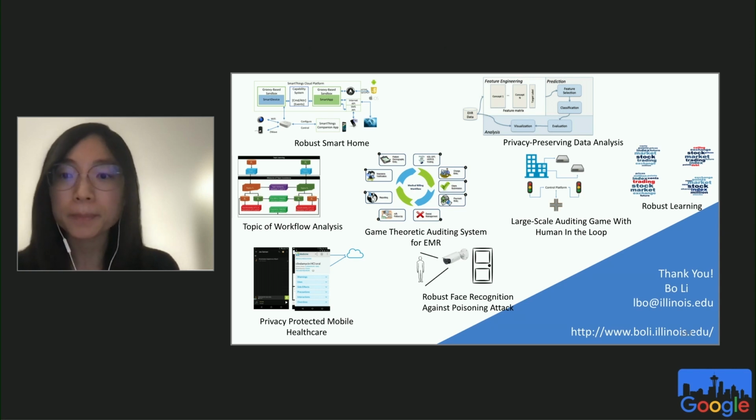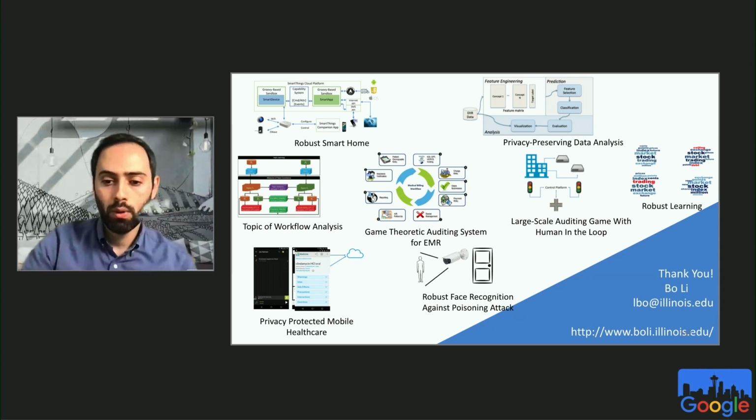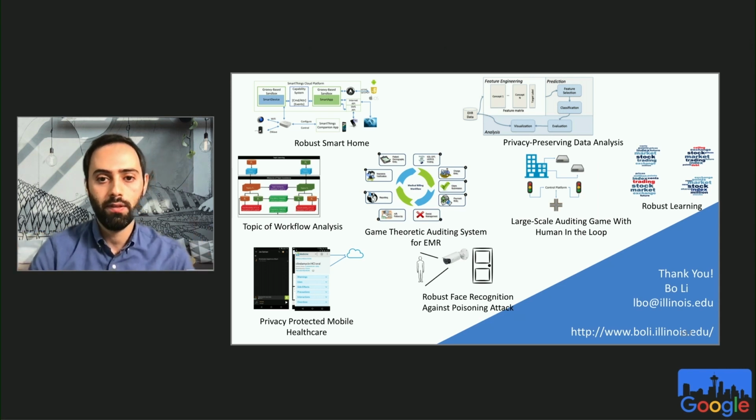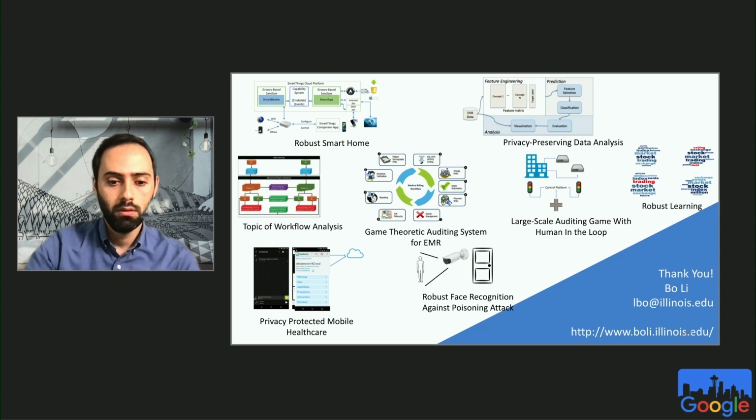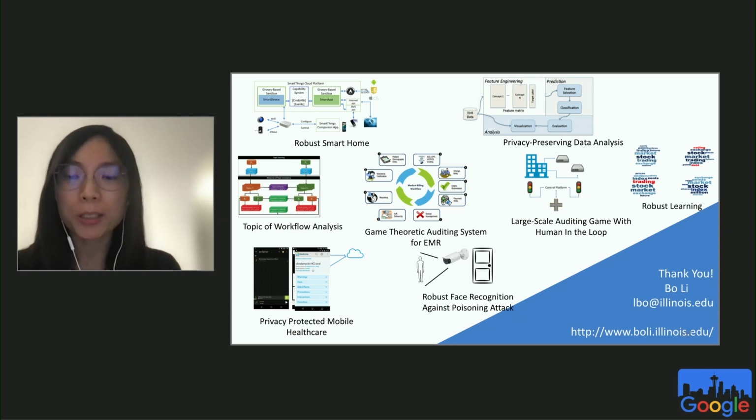Go ahead, Peter. Yeah, I wanted to ask Bo, there's been some work that connects differential privacy to also certifiability against attacks. Can you comment on how this is different? What are the shortcomings, and so on? Yeah, thank you. That's a very good question. So there is some related work connecting differential privacy with evasion attack robustness. Evasion attack means testing time attack, but there is nothing against the training time attack yet.